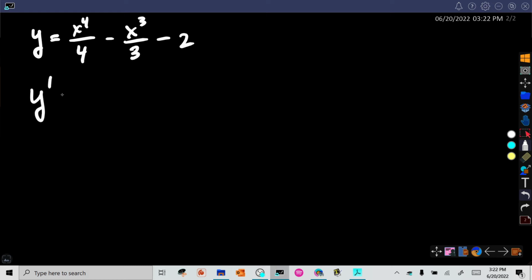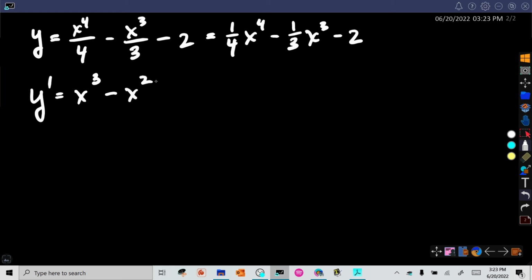X to the 4th over 4, you can think of this, by the way, as the same thing as 1/4 x to the 4 minus 1/3 x to the 3 minus 2. Obviously the 1/4 times the 4 is going to produce a 1, and then we reduce the exponent by 1, and this is going to become an x squared, and the 2 goes away. So on this question, the very first part is we have to find the derivative, so done.